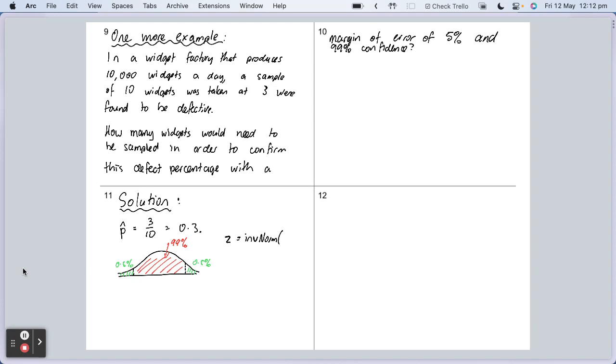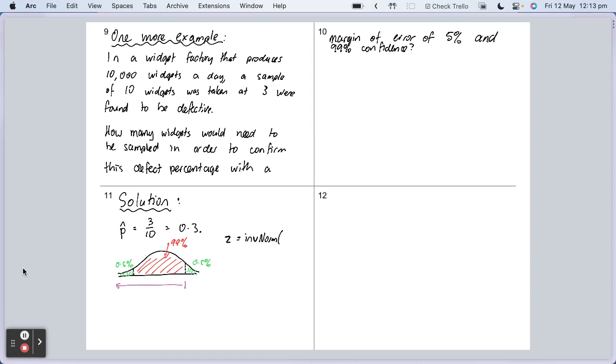And we remember, I hope, that what the inverse norm function requires is the top end all the way back. That's what inverse norm requires, all of that area. So the top end is going to be this 99% I'm scribbling on now, plus this 0.5% down here.